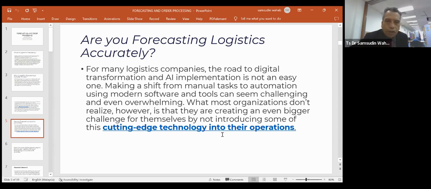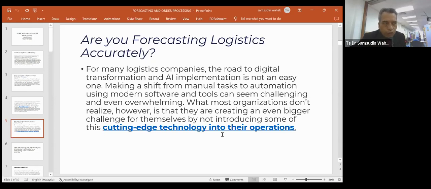What is the benefit of logistic forecasting? Why do we have to come up with a very good plan for our forecasting? When we come up with very good forecasting, first we can reduce our operation costs.